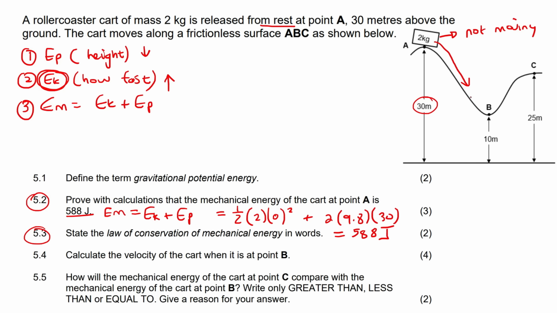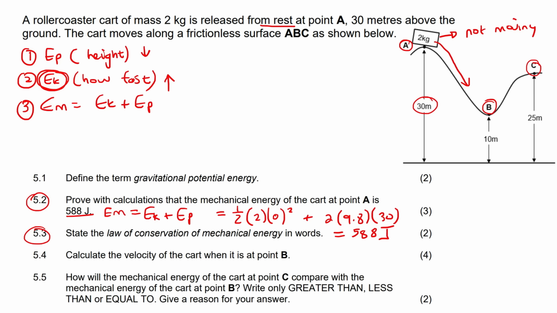The mechanical energy at point A is 588, at point B it will also be 588, and at point C, same thing. The potential and kinetic values will be different, but if you add them together, it's always 588.